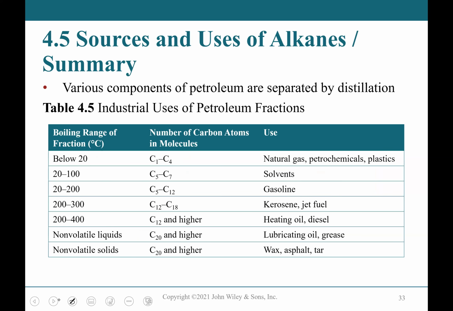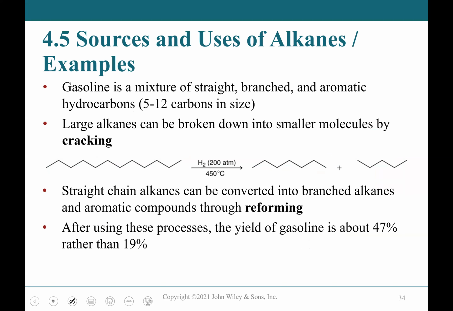We saw this on a previous slide. Sources and use of alkanes. Gasoline is a mixture of straight, branched, and aromatic hydrocarbons, all produced from oil. You have upstream oil refineries, where they get the oil out of the ground. Then you have midstream and downstream, the oil processing, such as Sasol or CP Chem.